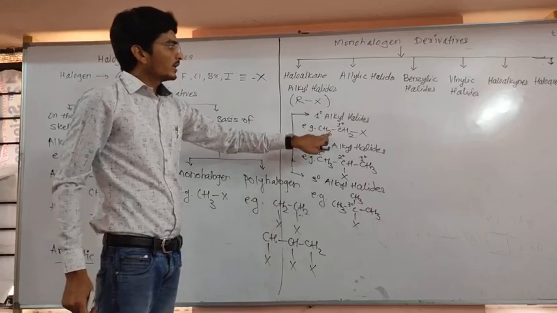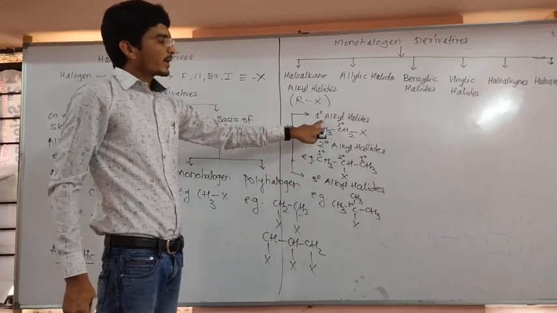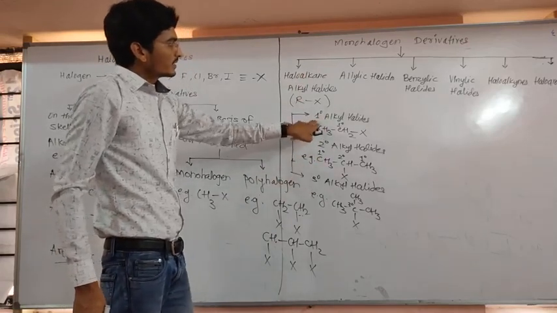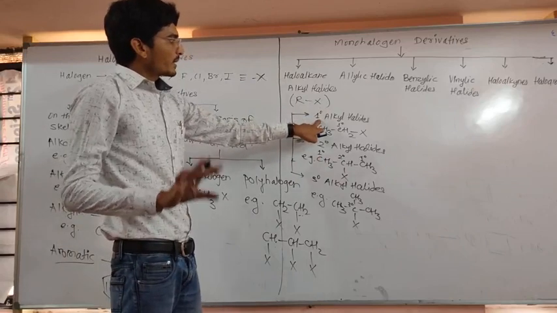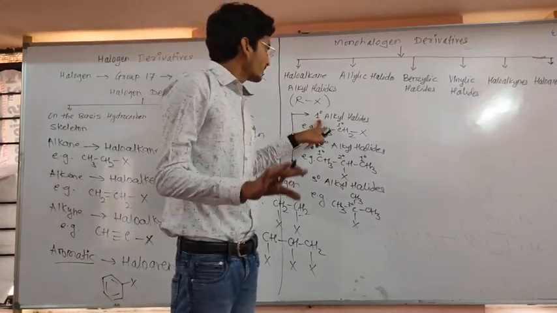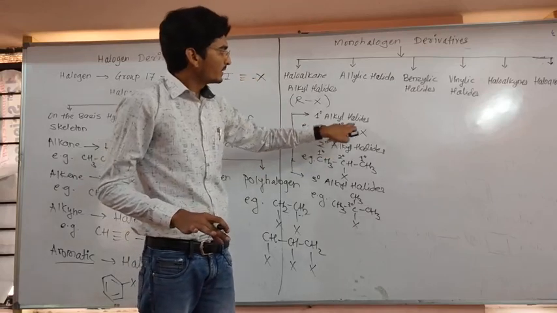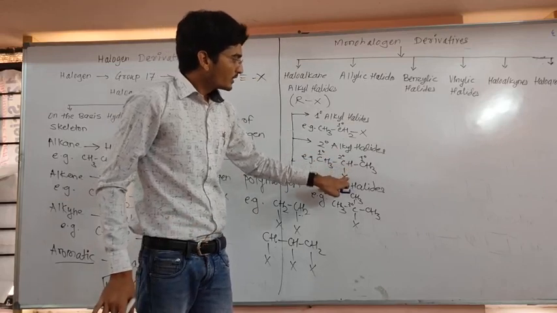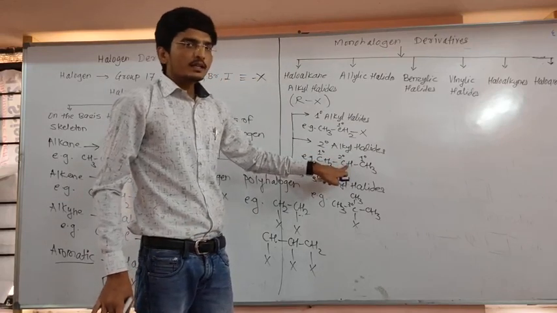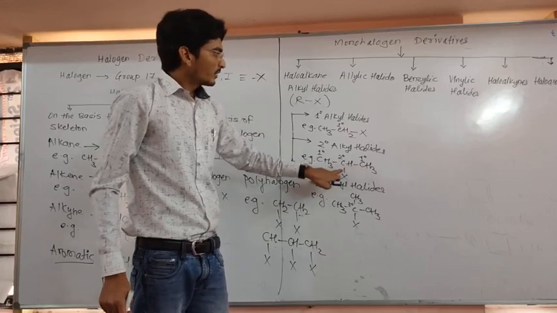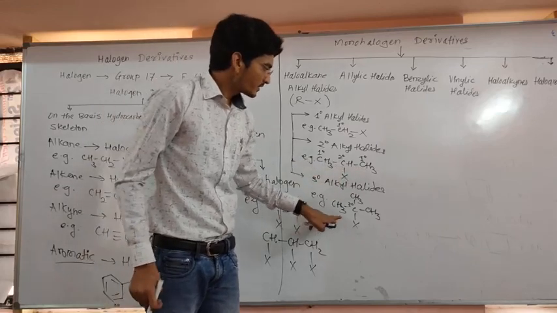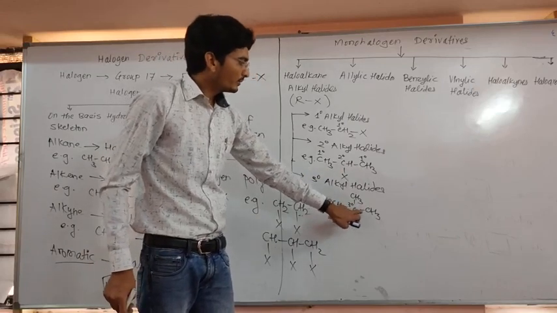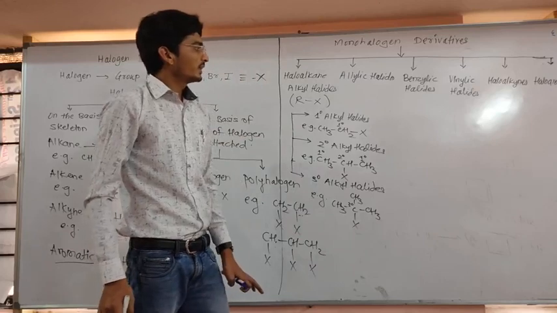Okay, so you know the different types of carbons, that is primary carbon, secondary carbon, tertiary carbon, quaternary carbon. In the case of primary alkyl halides, when the halogen atom is attached with the primary carbon, then it is called the primary alkyl halides. In the case of secondary alkyl halides, when the halogen atom is attached with the secondary carbon of the alkyl group, then it is called the secondary alkyl halides. And in the last case, when the halogen atom is attached with a tertiary carbon of the alkyl group, then it is called the tertiary alkyl halides.